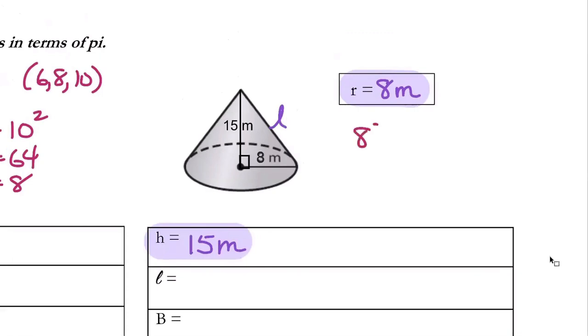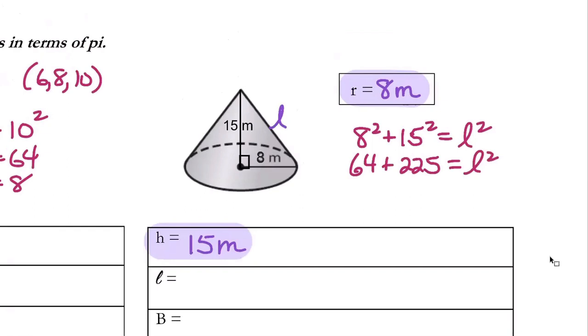So that would be 8 squared plus 15 squared equals L squared. 64 plus 225 is L squared. 289 is L squared.